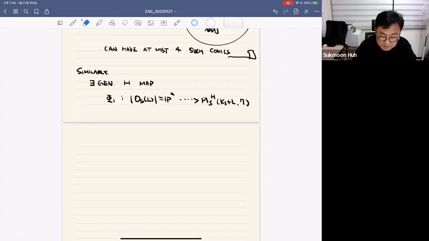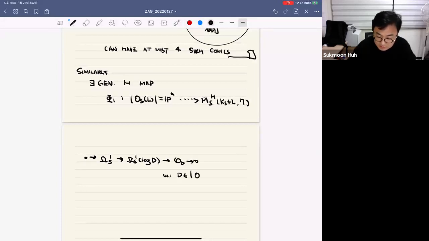So for example, upstairs, we have this Poincare residue sequence, omega S1, where S is a cubic surface, omega S1 log D, and then we have OD. Assume that D corresponds to a smooth conic passing through P1, P2, P3.